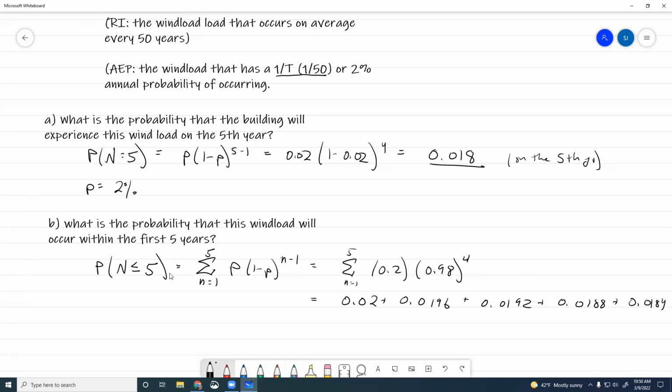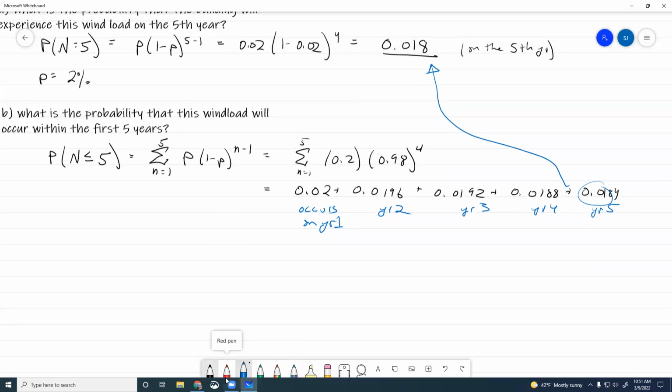So this is year 1, this occurs on year 2, year 3, year 4, and year 5, which we already calculated up here. Okay, so that ends up being a probability of 0.096.